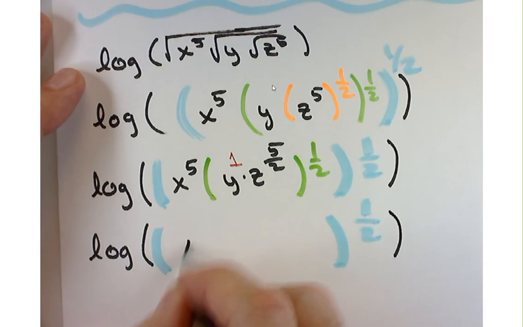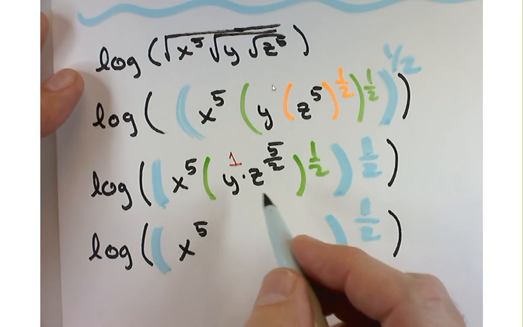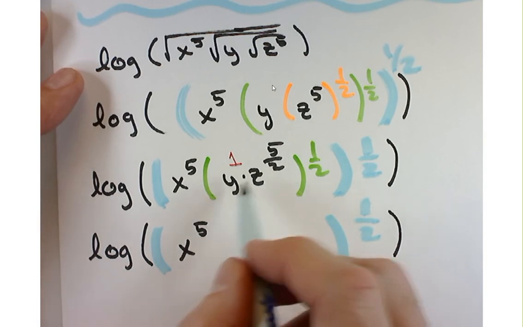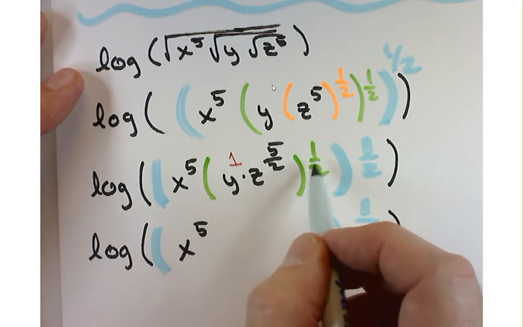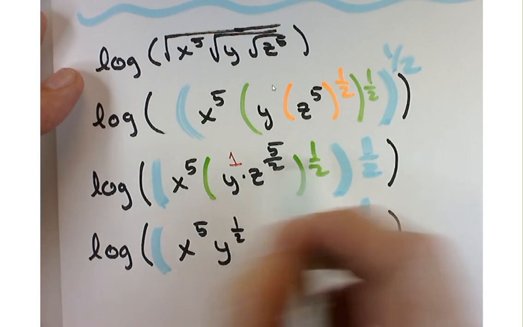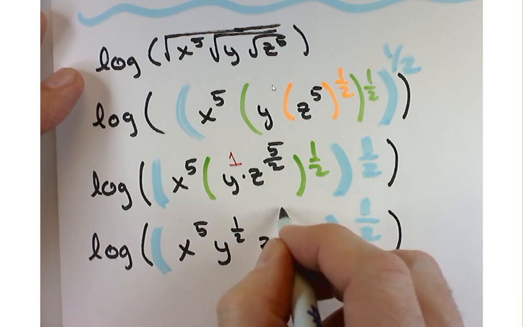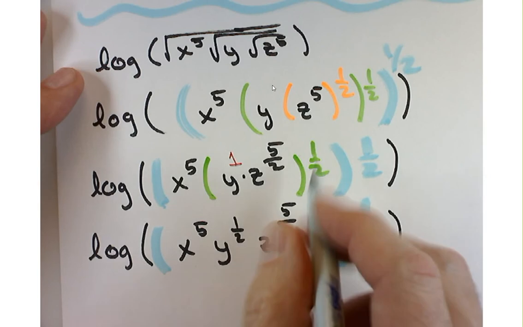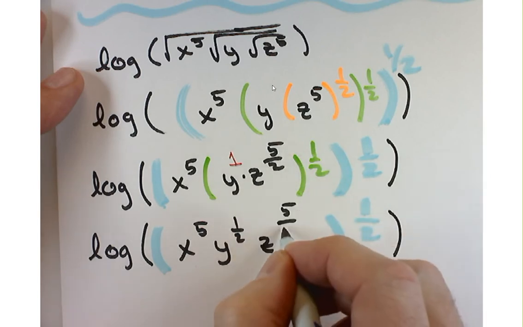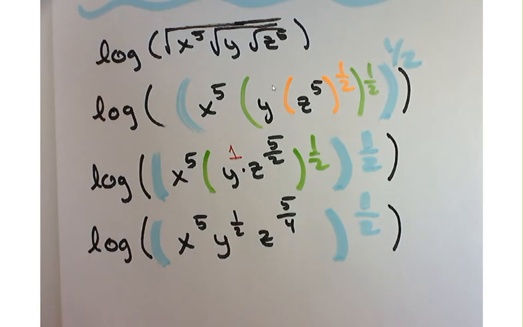I'll have an x to the 5th. What are the other two exponents in here? Y to the 1/2, because 1/2 times a 1. What's 1/2 times 5 halves? 5 over 4. Nice. So every time you're removing those parentheses, these exponents multiply.